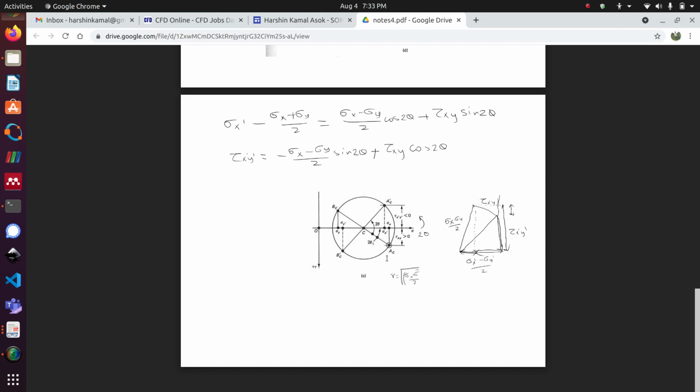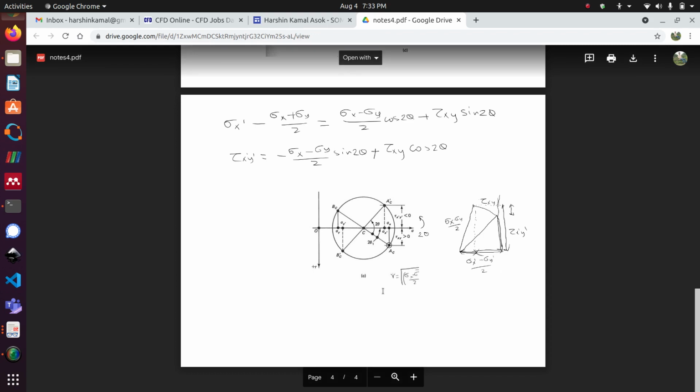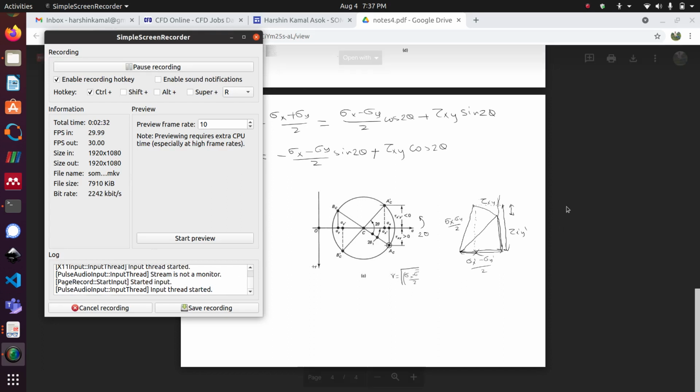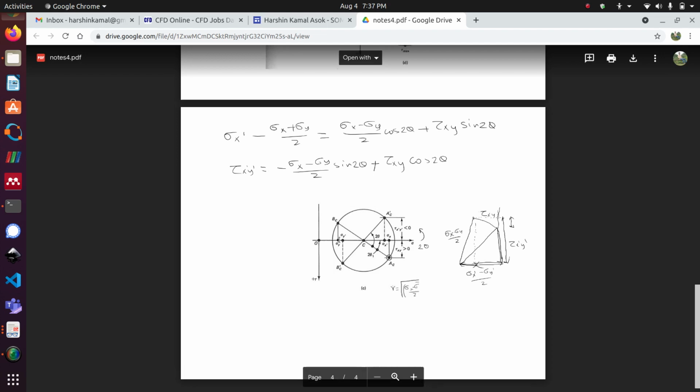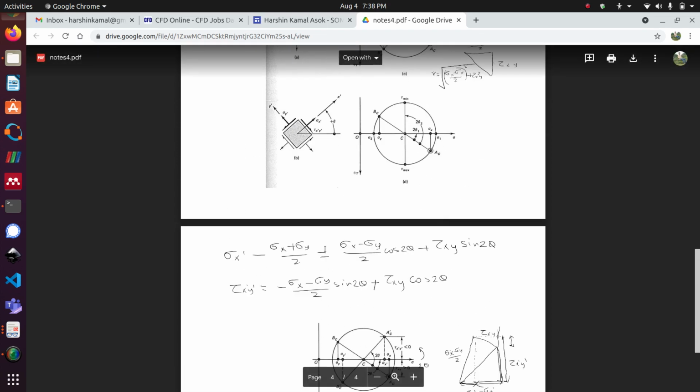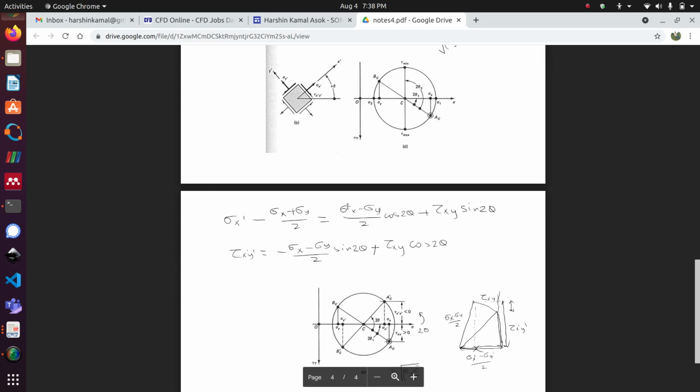So now we know that, for a particular plane, we considered a general case with stresses sigma x, sigma y and tau xy.